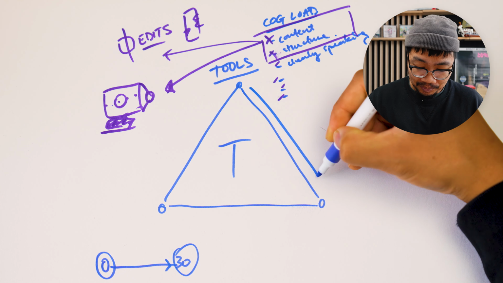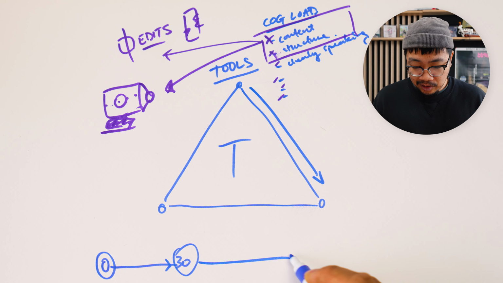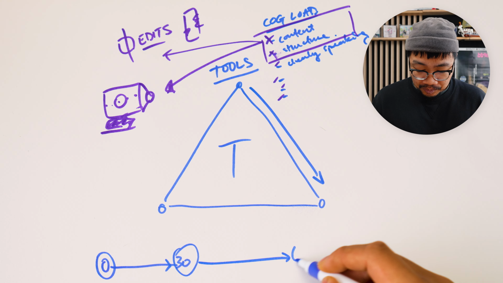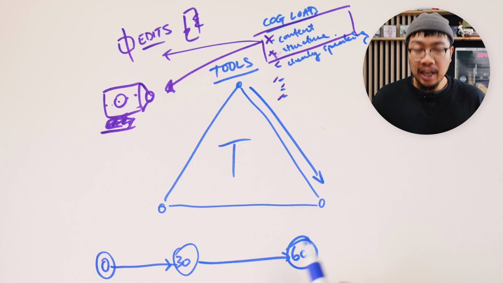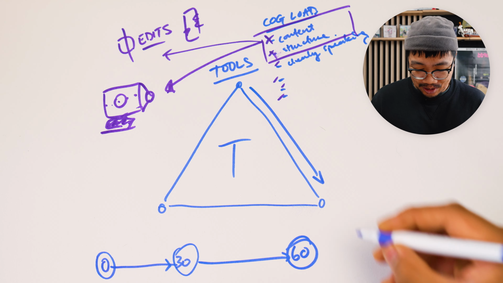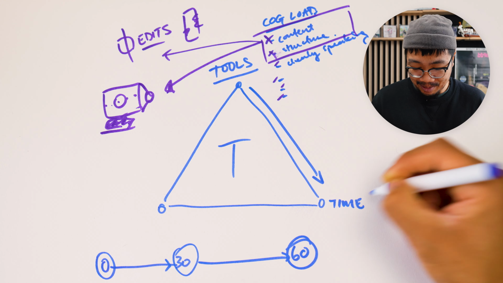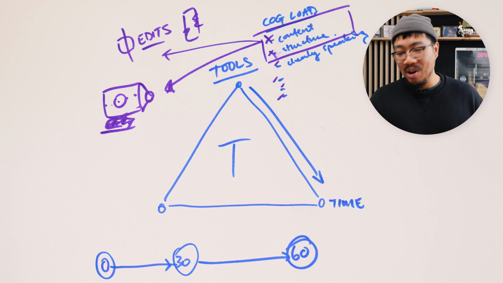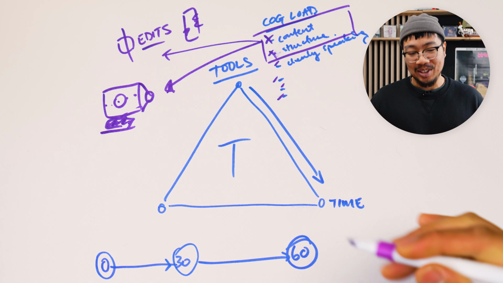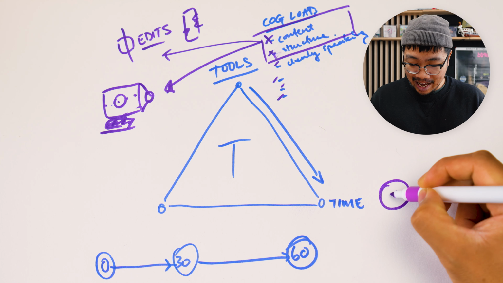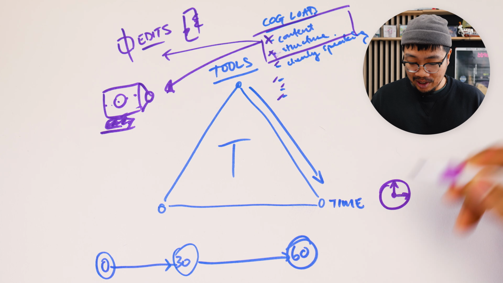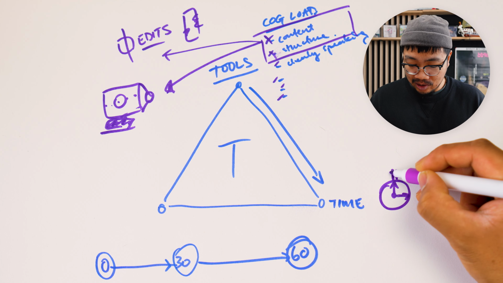So the next T of this triangle that I think will take you from 30 to 60 out of 100 is something that I love to call time. And I know it's not as straightforward as the first one. So with the first one, you could probably improve, and in 5 minutes, you're 30% better. This one is time, and that's a clock.